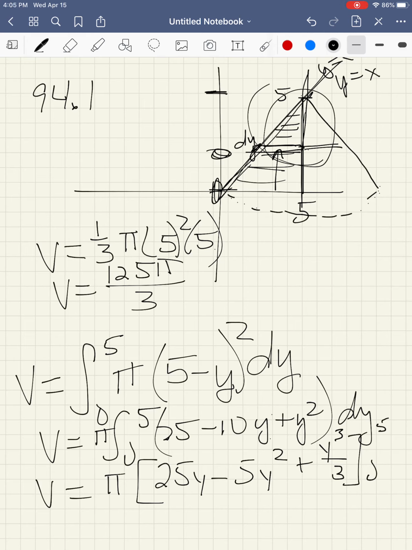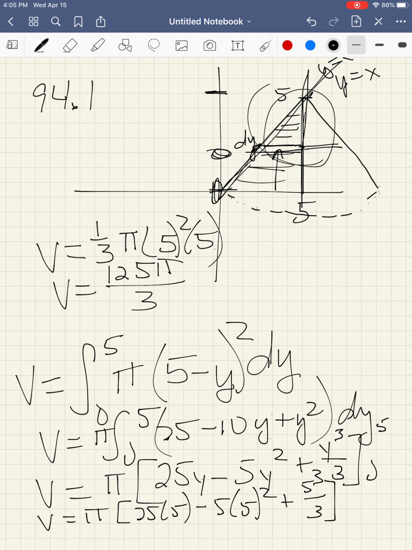When we plug the 0 in, it's all 0. So all we have to do is plug in the 5. That's 25 times 5 minus 5 times 5 squared plus 5 cubed over 3.